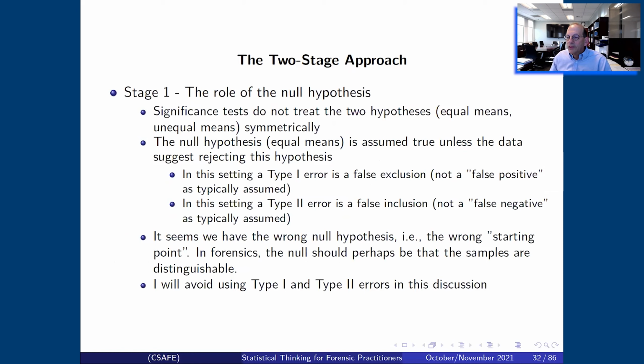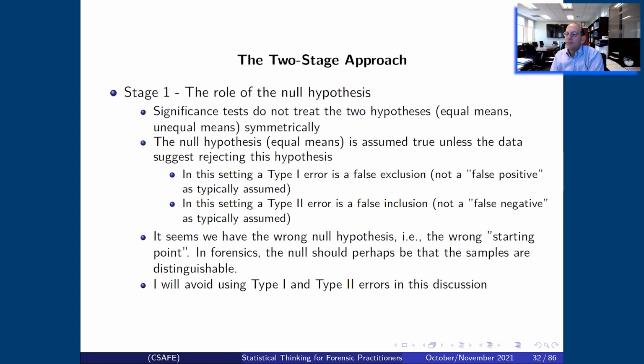You'll remember when we learned about the hypothesis test last week, the test does not treat the 2 hypotheses symmetrically. It assumes the null hypothesis is true until proven otherwise. And so that means in this case, what we traditionally in statistics call a type 1 error, rejecting the null hypothesis, here that turns out to be a false exclusion, right?